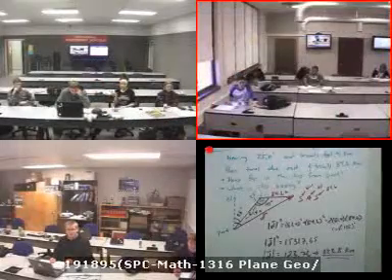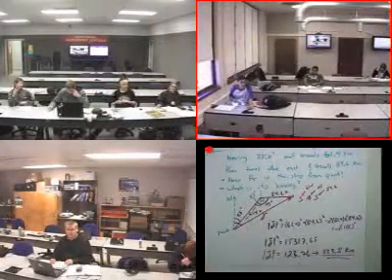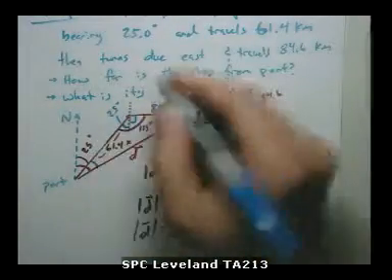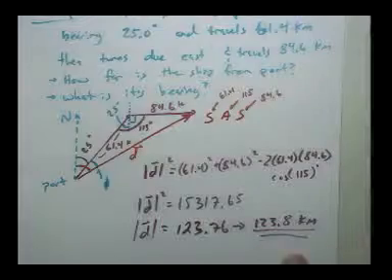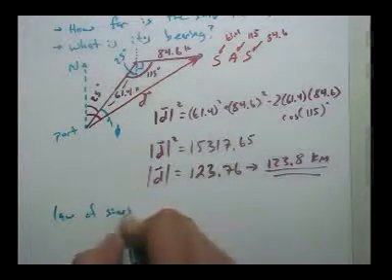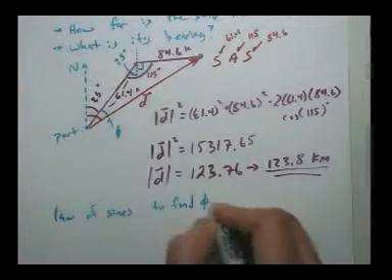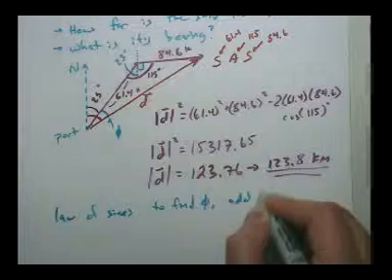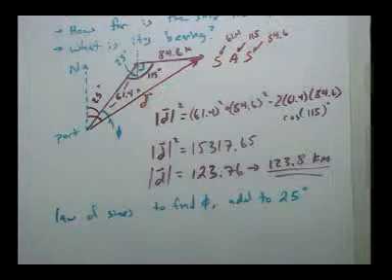You could use law of sines to find the angle of the triangle and add it to 25 degrees. Very good. Right, we've got an angle here, we'll call it phi. So I have law of sines to find phi, and then we'll add it to 25 degrees.